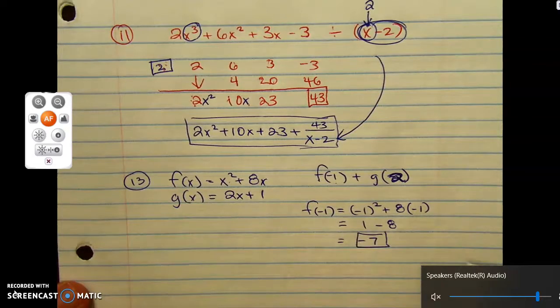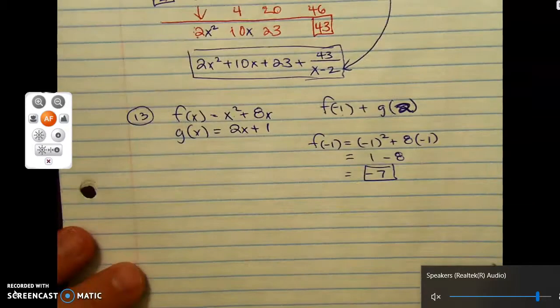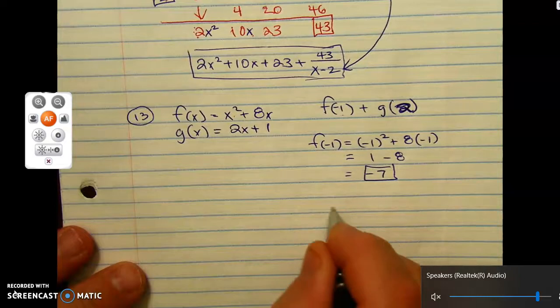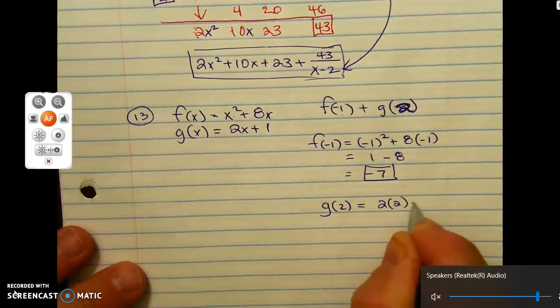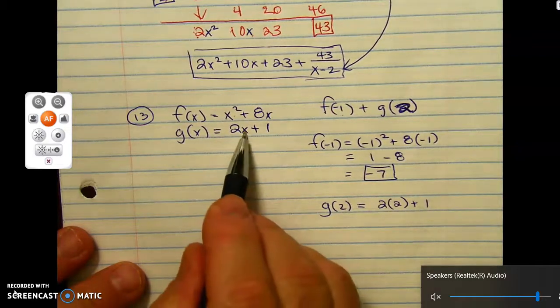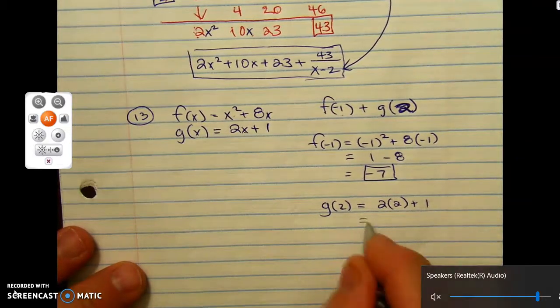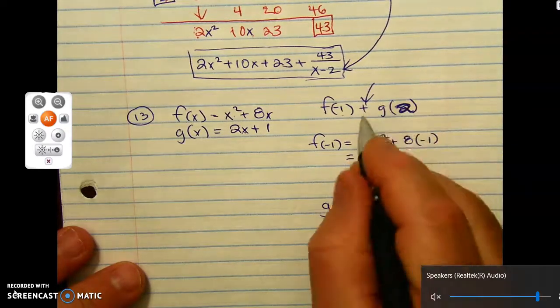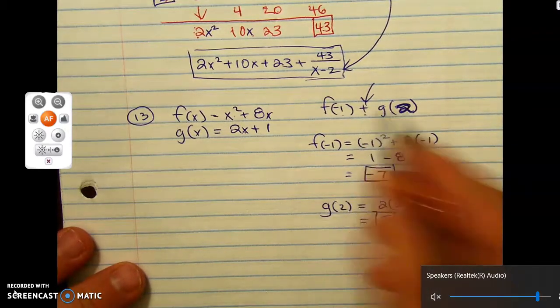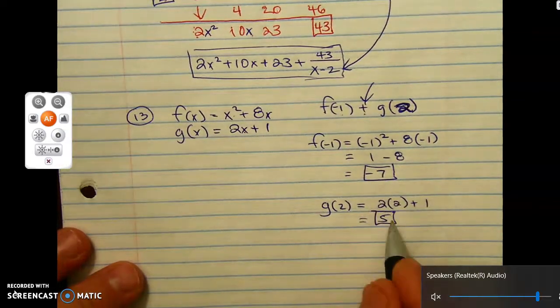So there's f of -1. G of 2 is just 2 times 2 plus 1. We just put 2 right there. So that's 5. And it said in the original problem, once you find f of -1 and g of 2 to add them. So it's just -7 plus 5.